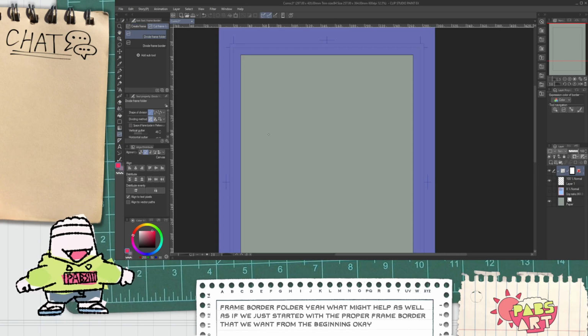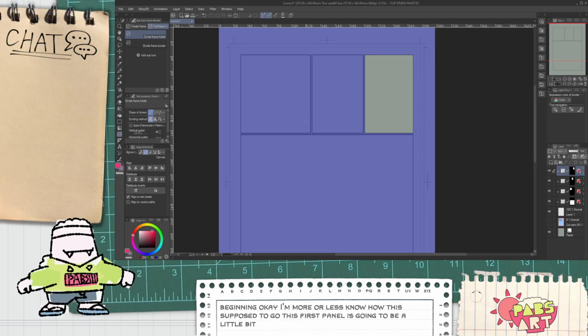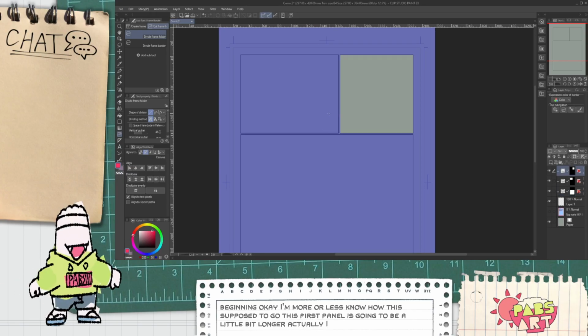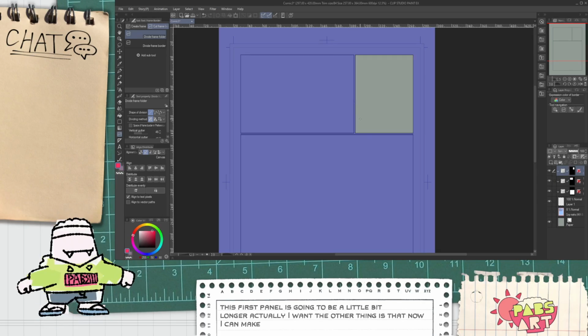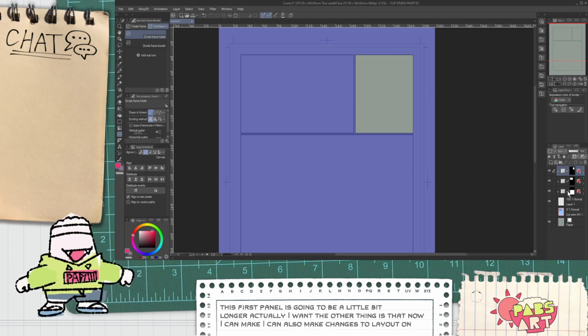Okay, I more or less know how this is supposed to go. This first panel is going to be a little bit longer. The other thing is that now I can also make changes to the layout on the fly, which is going to be a lot of fun.